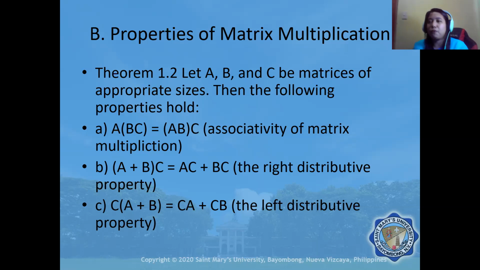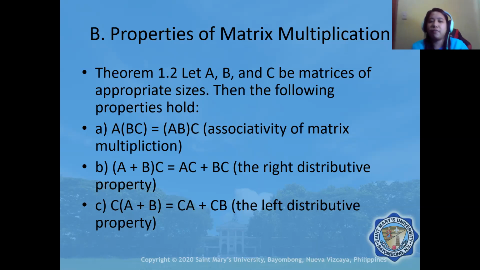If we multiply, of course, we are referring to the dot product here, if we multiply B and C first before multiplying A, this is equal to multiplying A and B first before C. And then for letter B, we also have the right distributive property, that is adding A plus B, then multiplying it by C, or multiplying A by C and adding it to the product of B and C. And the same if we are going to transfer our C to the left side.